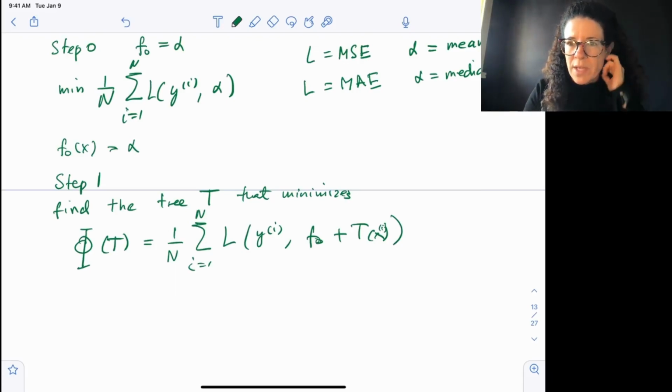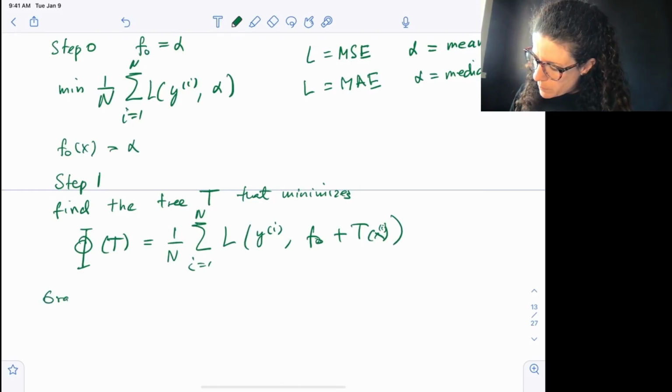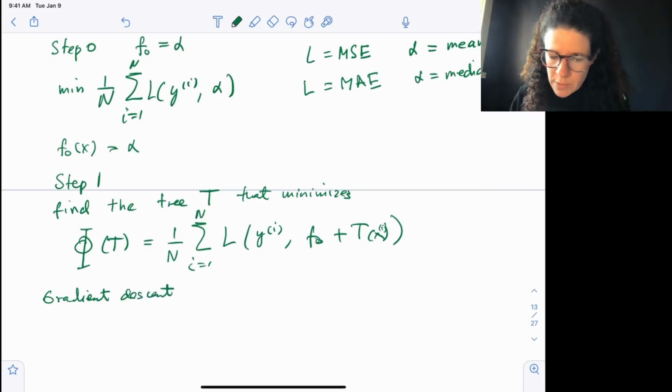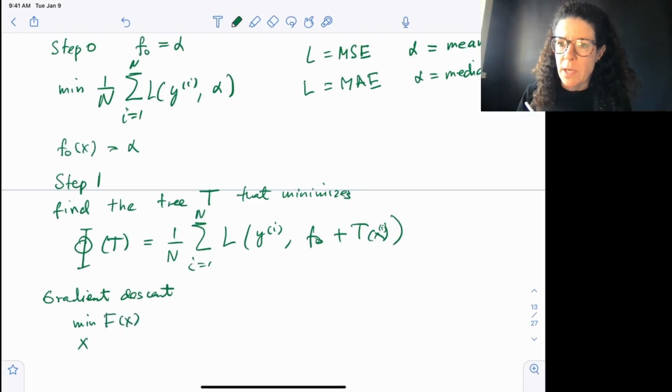We have talked about gradient descent a lot, so I'm going to write down what gradient descent is and see if we can get some inspiration from there. Basically, in gradient descent, we are trying to minimize f of x with respect to x.